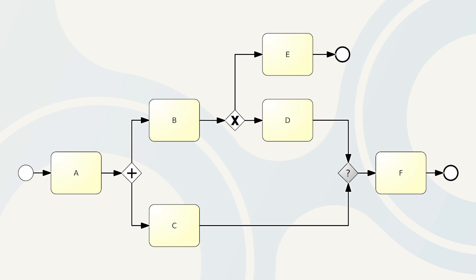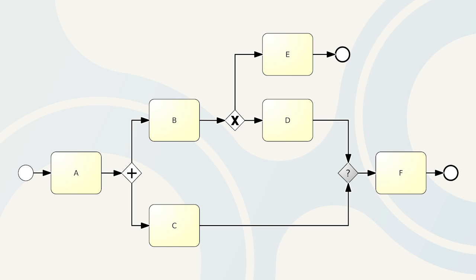Now, if we replace the question mark with an XOR join, we see that we have another problem. This solution will be nondeterministic. In fact, the XOR join will always receive a token from the bottom branch, but may or may not receive a token from the top branch, the one starting with activity B. If we execute activity D, then we know that a second token is going to come to the XOR join from the top branch.